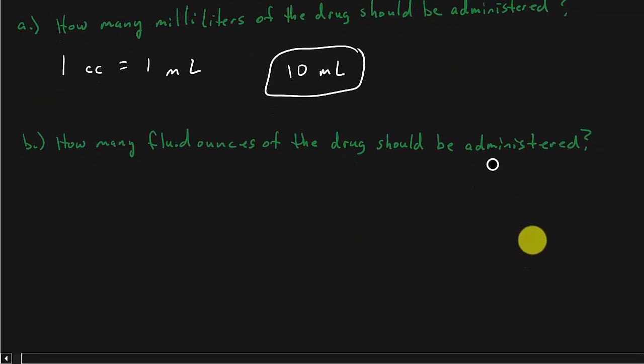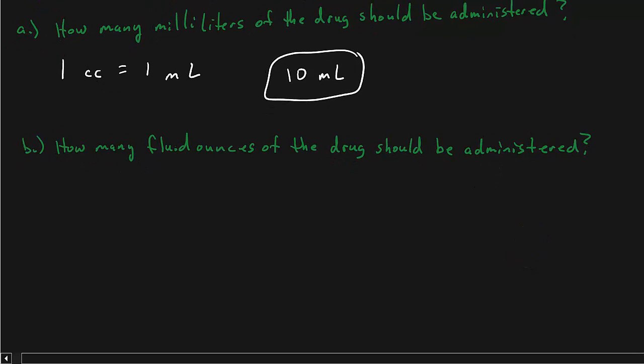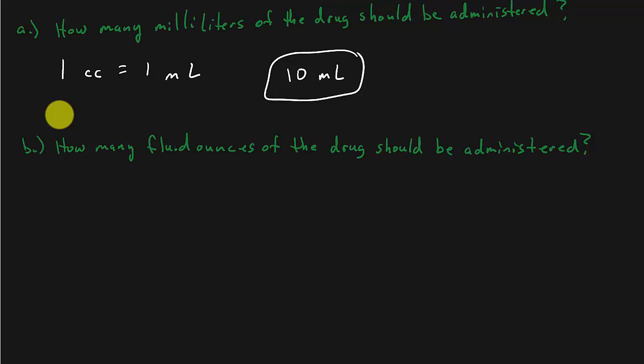How many fluid ounces of the drug should be administered? All right, so we're going from milliliters to fluid ounces. Or we could go from 10 cubic centimeters to fluid ounces. I guess we could do that too, couldn't we?